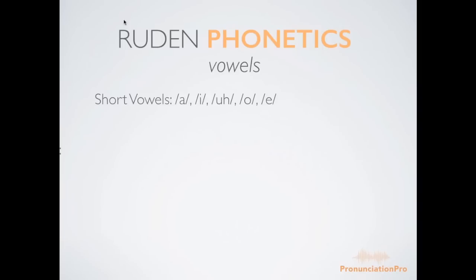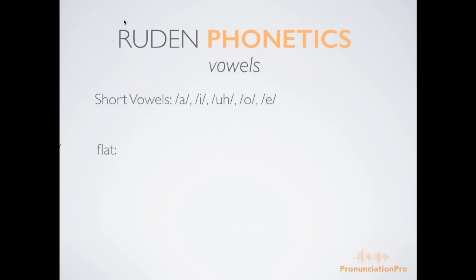Okay, so I'm going to go through them again. A, i, ah, eh. All of these sounds we go through individually in the 12-week pronunciation pro course. So if you're not quite there yet with the vowels, you will get there, and you'll get a lot more practice between these individual sounds.